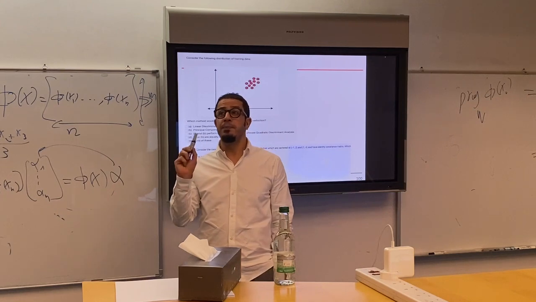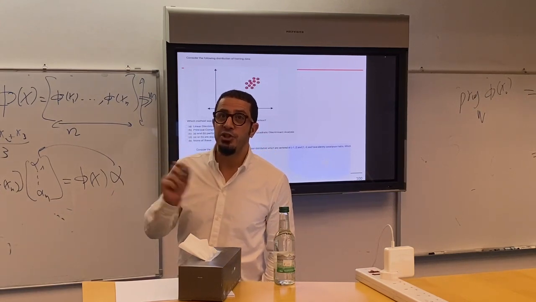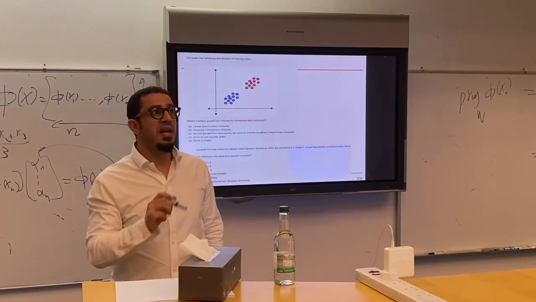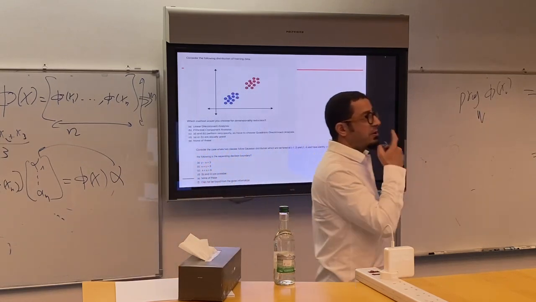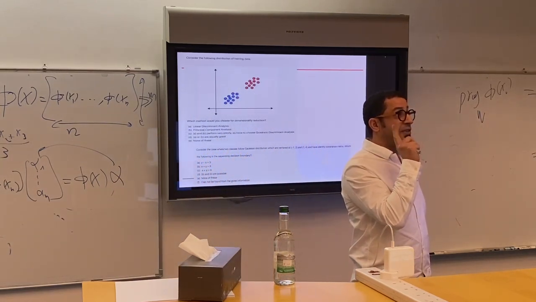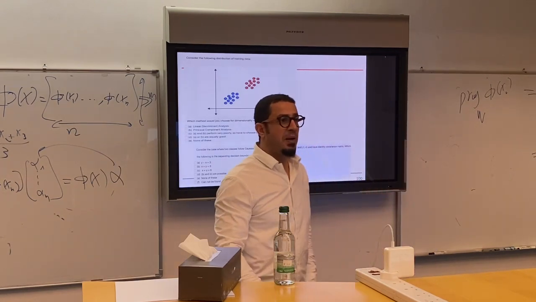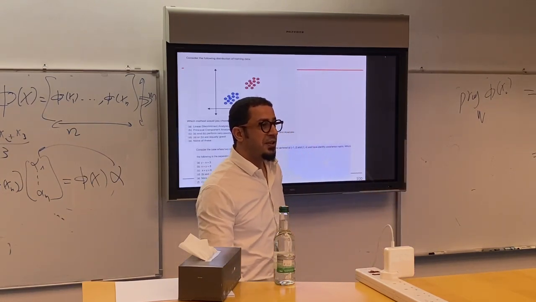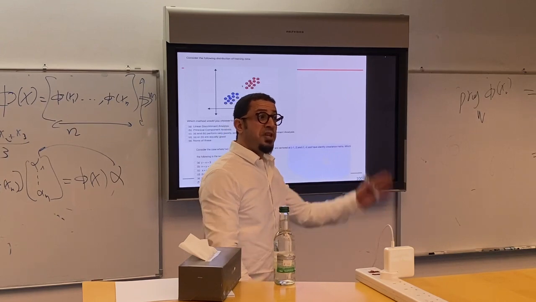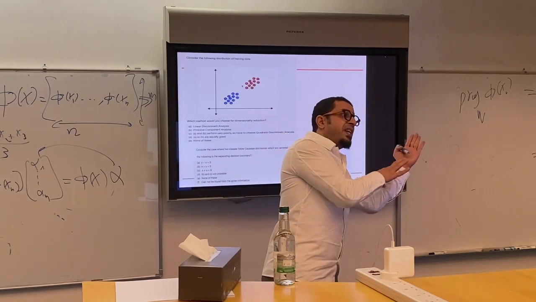Here, if we do LDA, do you think the direction of LDA and the direction of PCA are the same or not? Think in this specific case. What is the direction of PCA, please? This one or this one? It's not this one. If we do the projection here, the variance is small.